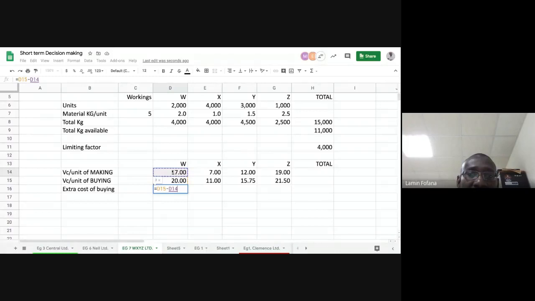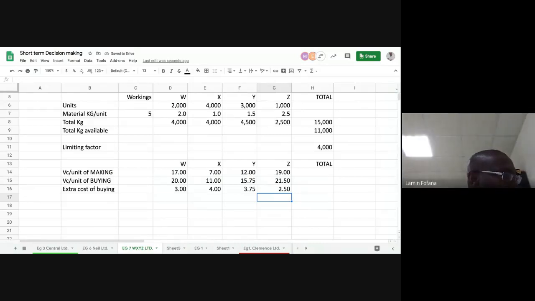So we have it like that. Okay. So just locate that. So the extra cost of buying will be what? The extra cost of buying will be 3, 4, 3.7, and 2.5. Okay. Is that clear?